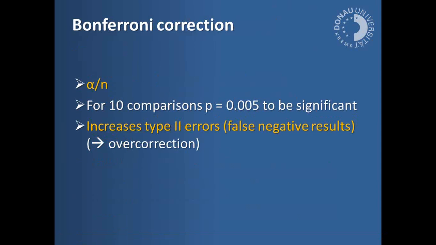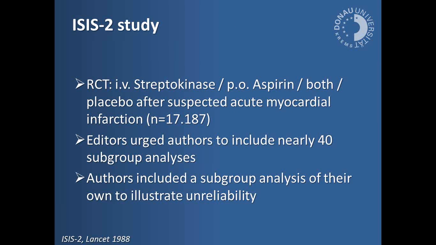So if you do 10 tests, you need a p-value of 0.005 to be significant. But on the other side, this increases type 2 errors. So you can do an overcorrection and get more false negative results. That is the other side.